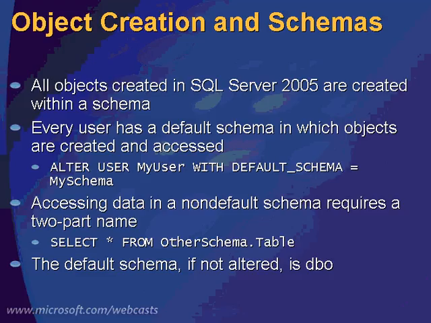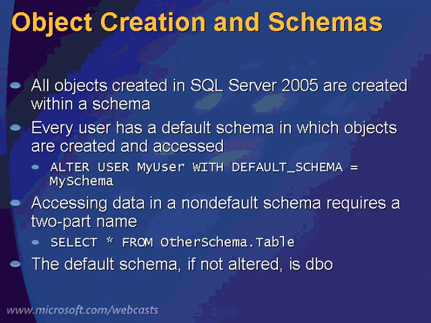So when you create a new user, they automatically are in DBO, and everything works very similarly to the way it did in SQL Server 2000. But, of course, we can go ahead and change that. We can set up sales users or production users or purchasing users, and we can set their schemas to the default schema for that kind of data. And then they will be able to get to the tables in there without referencing them by schema.